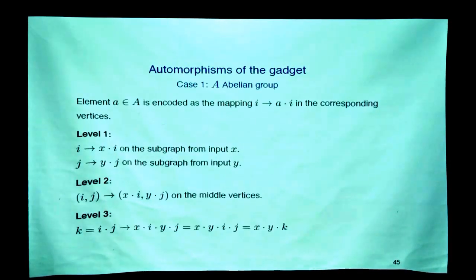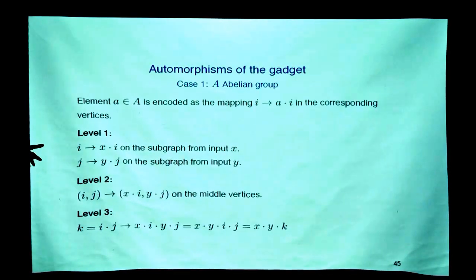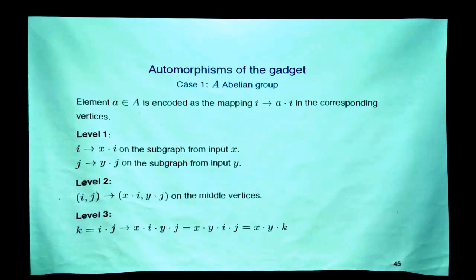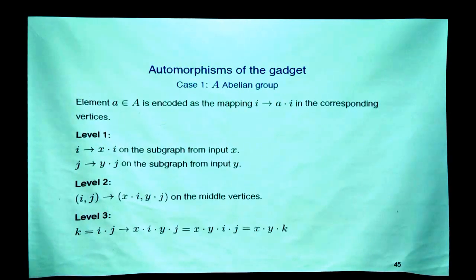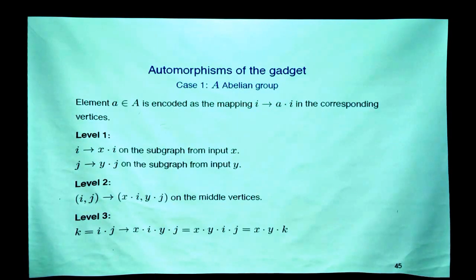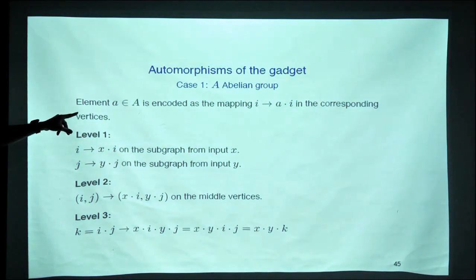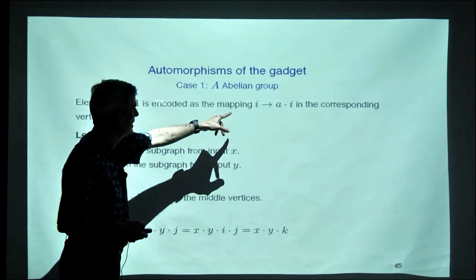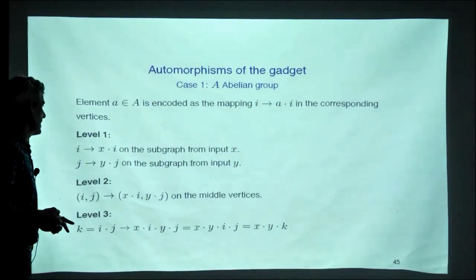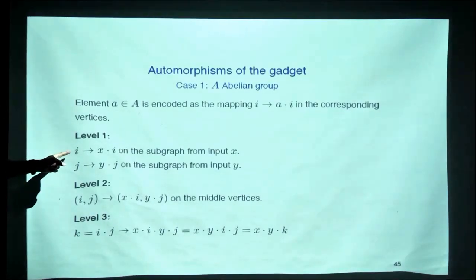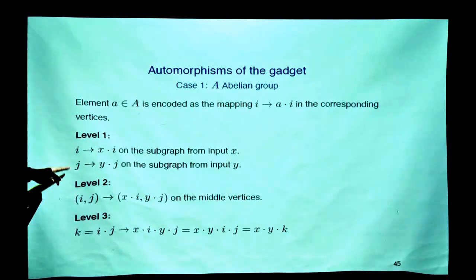I have to go into detail. It goes in this gadget. Case A is in the Boolean group. This element is encoded by mapping element i into a times i, and then in level 1, that's what happens.